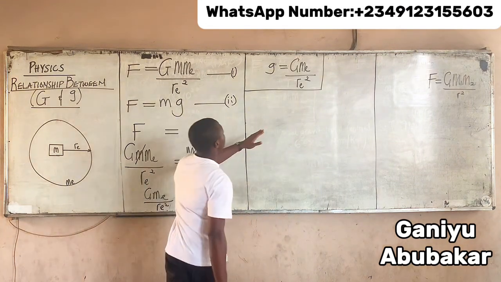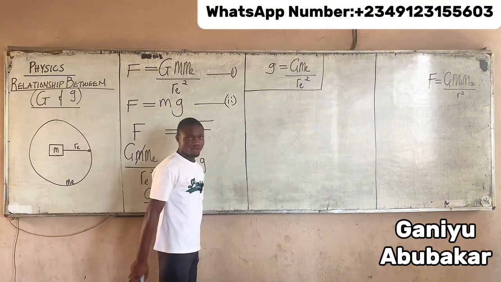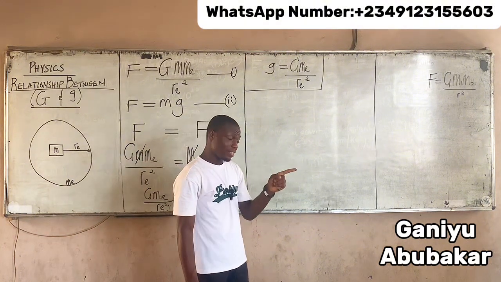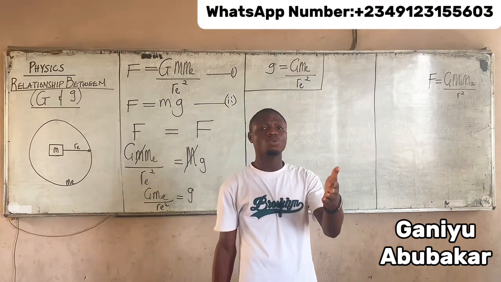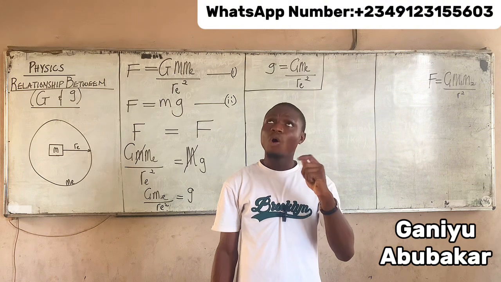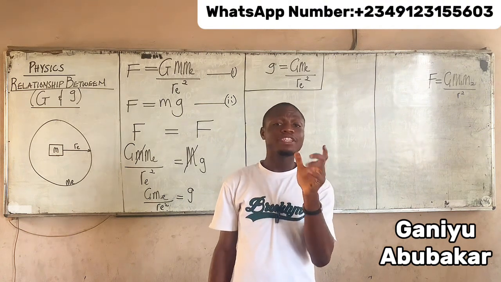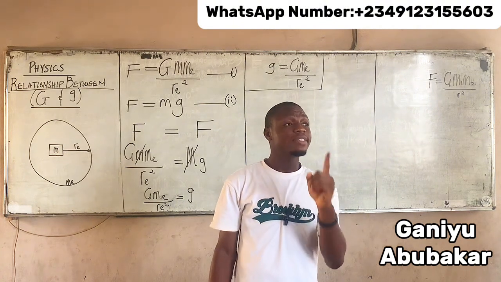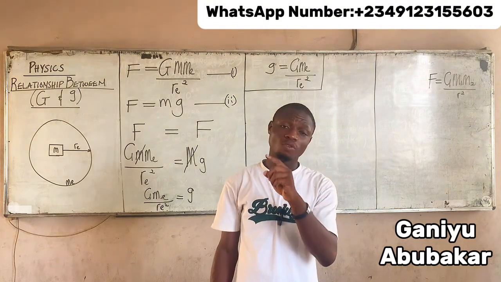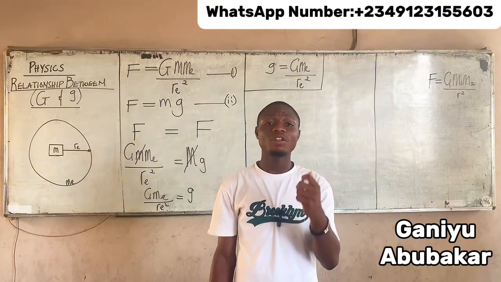So I have this formula as shown in front of you. Last class, I said that I want to derive how or why capital G is equal to 6.67 times 10 to the power minus 11. Why is the value so?